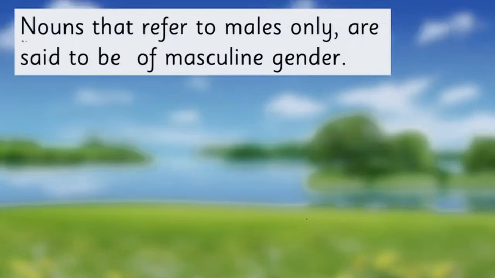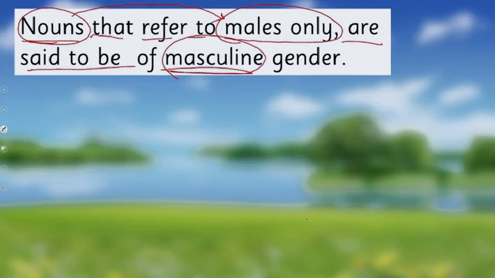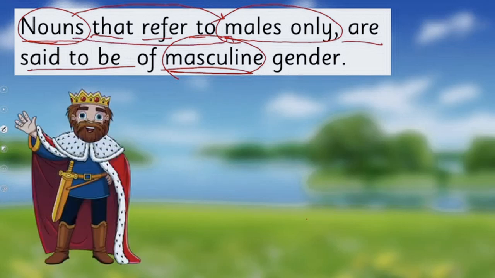Okay? Nouns that refer to males only, meaning naming words which are used for males only, are said to be masculine gender. Okay? Masculine gender are the nouns which are used for males only. For example, king. King is a naming word for a male.